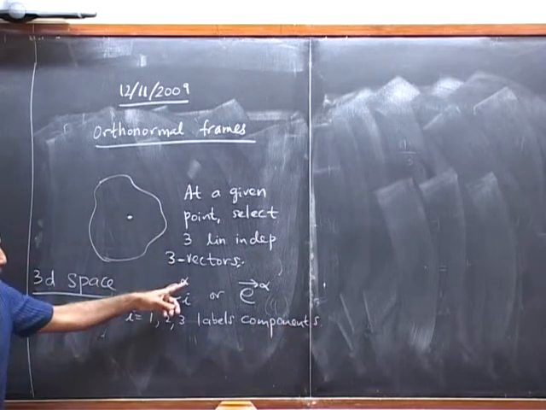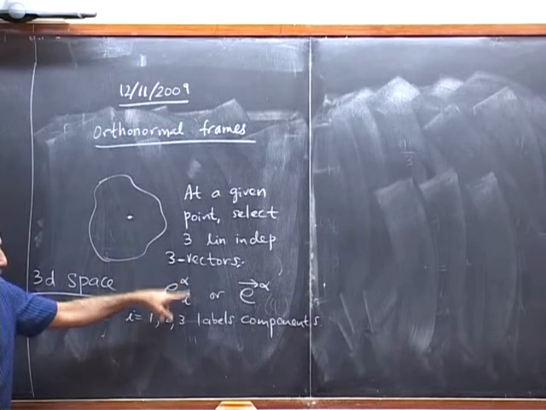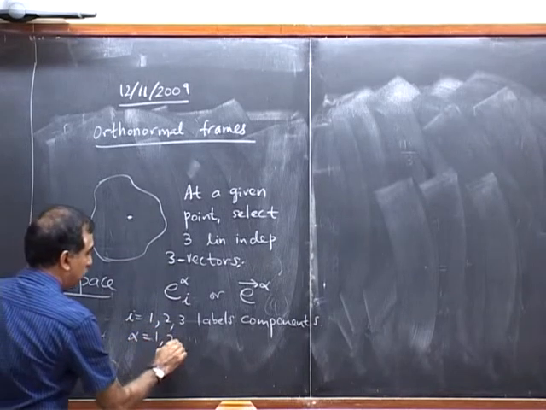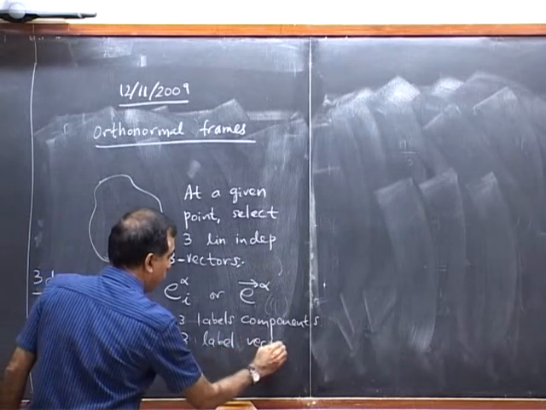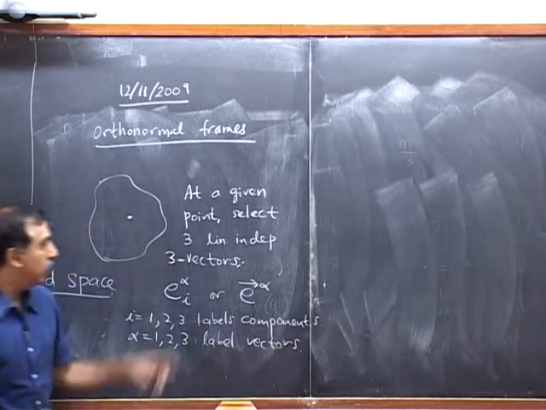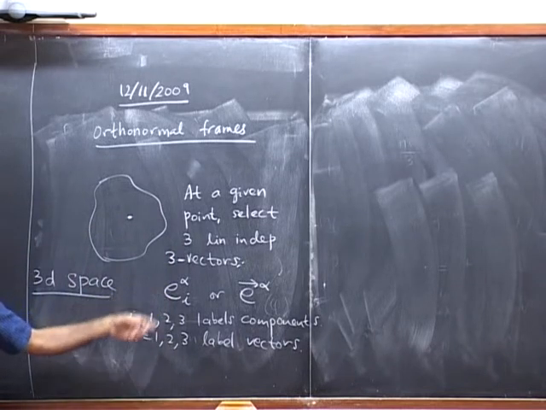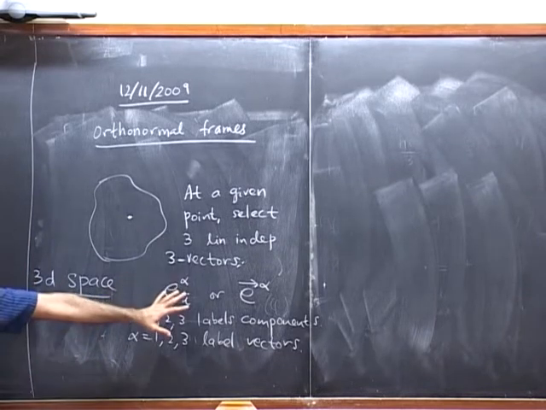That means the vector E alpha for a fixed alpha has components E alpha 1, E alpha 2, E alpha 3. But alpha equals 1, 2, 3 label 3 different vectors. Is this point clear what I mean by 3 independent 3 vectors? So let's choose these to form a basis. If they are linearly independent, they form a basis, which means I can refer any calculation to this basis if I like.